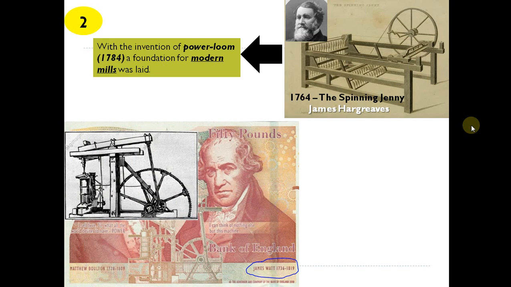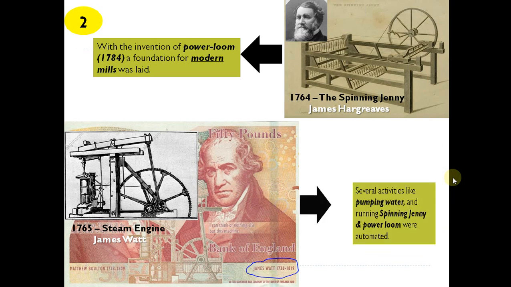Another example, this fellow is James Watt, and he came up with a tweaked version of the steam engine in 1765. He named it Watt's steam engine. This was a manipulation done in the existing steam engine technology, but it increased the performance of this engine manifold, and it could be used for n number of activities.